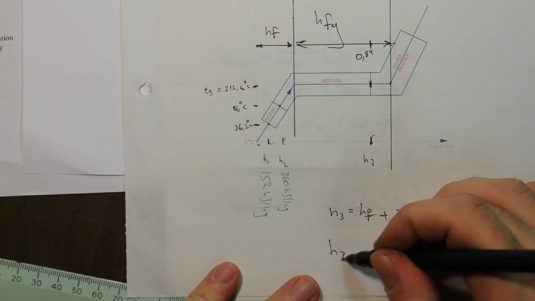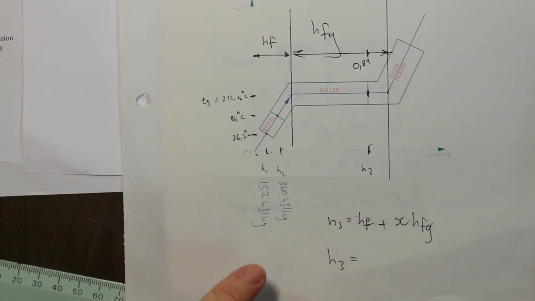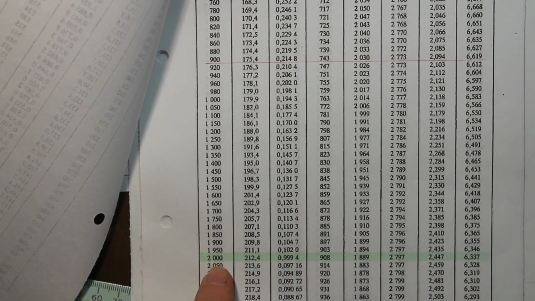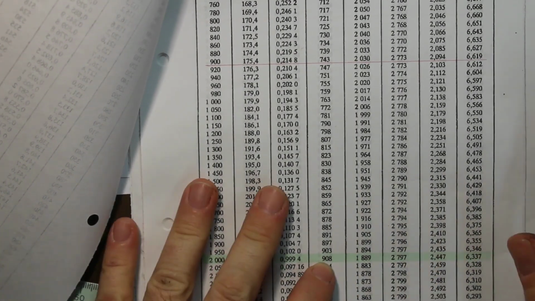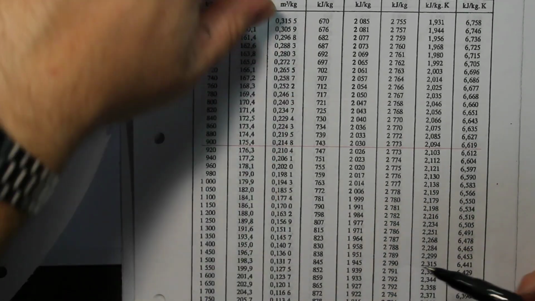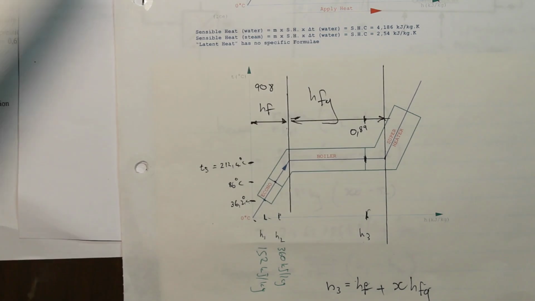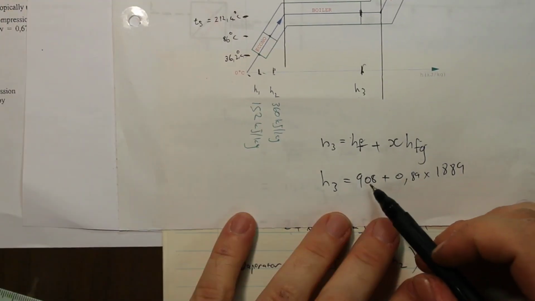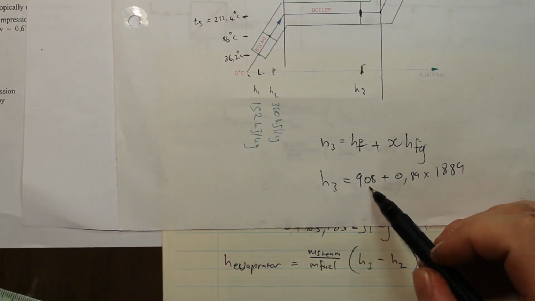So H3 equals, let's go to the steam tables. Again, we're not going to the superheater tables because it's not dry yet. So we go to 2000 kPa, and we read the first column, HF, when it's fluid. That HF is 908.